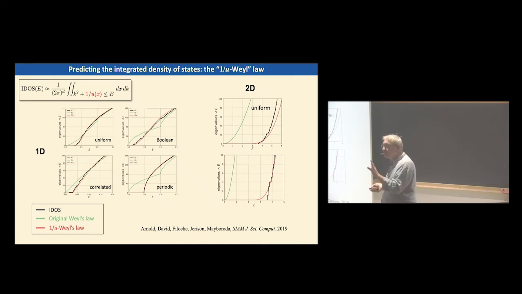It means that it has nothing to do, really, with disorder. It's a machinery that applies to anything. It has to do with understanding what the waves really see as a potential, which is not the initial potential that is put in the Schrödinger equation.